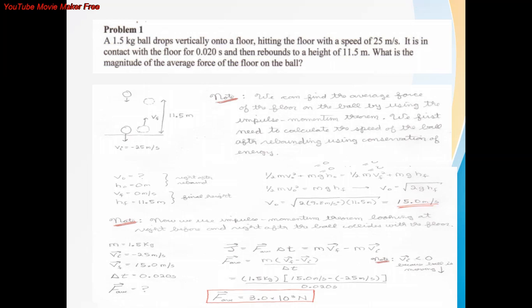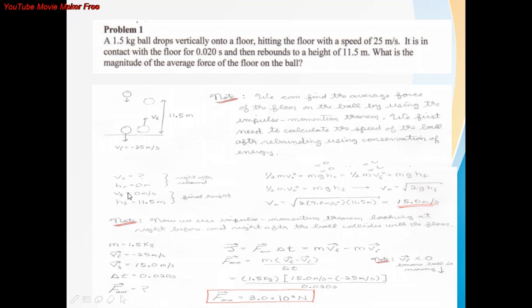But before this, we need to understand the velocity exactly after rebound. That velocity we have to understand. So let us suppose that velocity is v naught, right? And when this ball strikes this surface, at that time height is 0 meter, right?